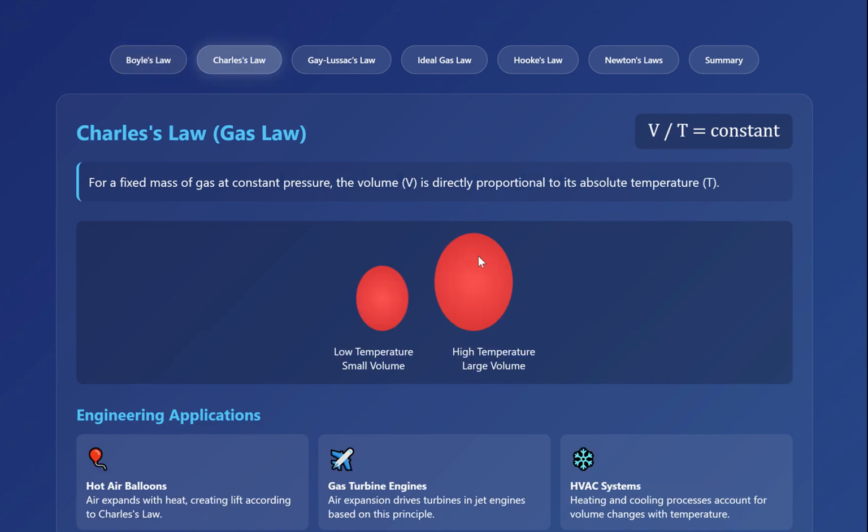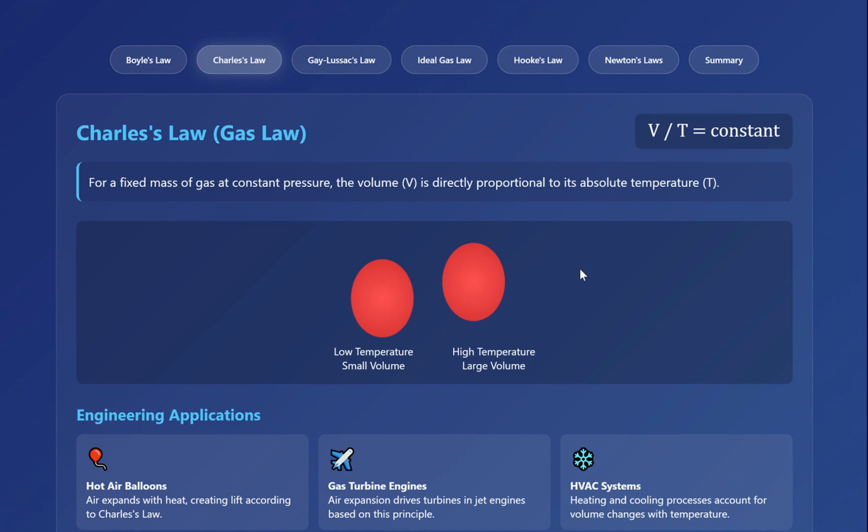We can look at Charles' law. Charles' law also tries to explain the relationship between pressure, volume, and temperature. But in this case, he did an experiment where, instead of holding temperature constant as in Boyle's law, he held pressure constant.